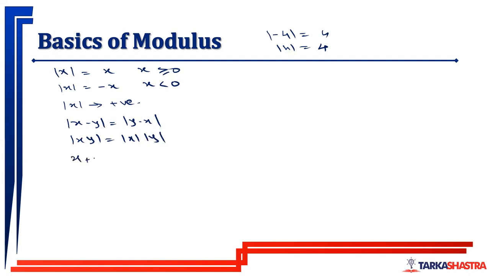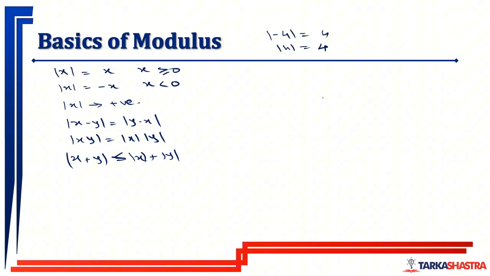Now mod x plus y is less than or equal to mod x plus mod y. It can be equal to this or it can be less than this. So these are the small properties. We don't have to get into it. We have to understand what is mod.